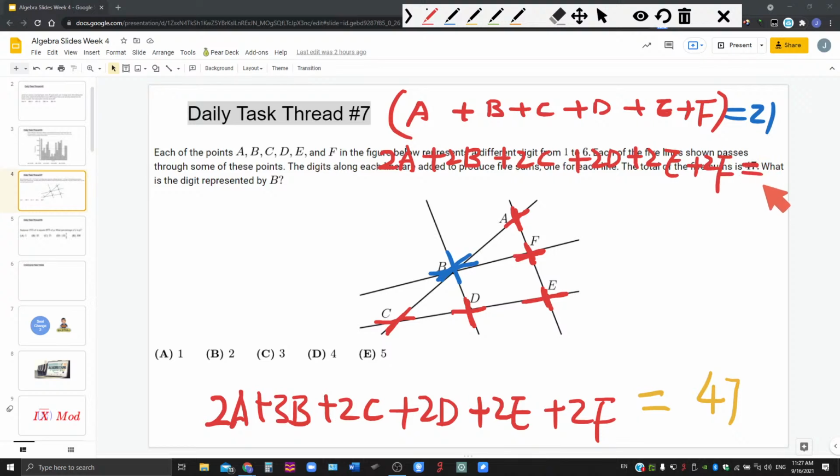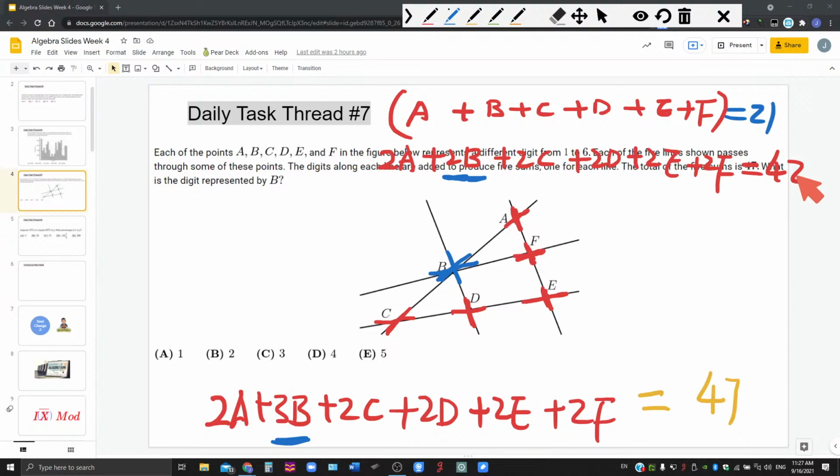And because we double the left side, we also double the right side. So that's going to be 42. Twice of everything is 42. And if we compare this, you will see the difference between them is just 1B, because here we have 2B, here we have 3B. So the bottom is just 1B more than the top.